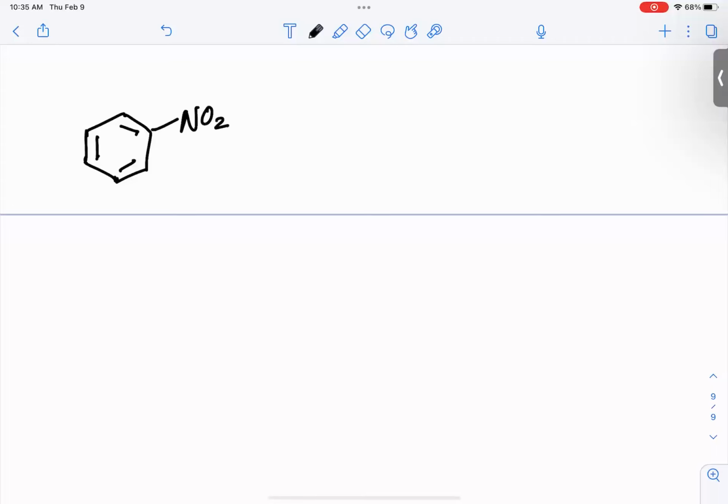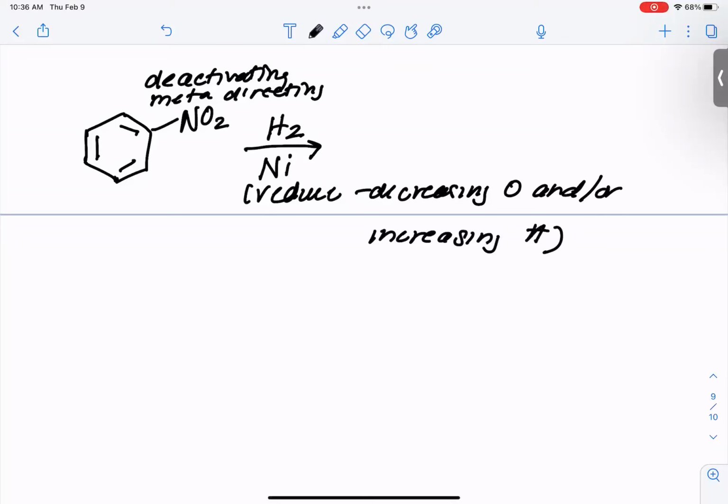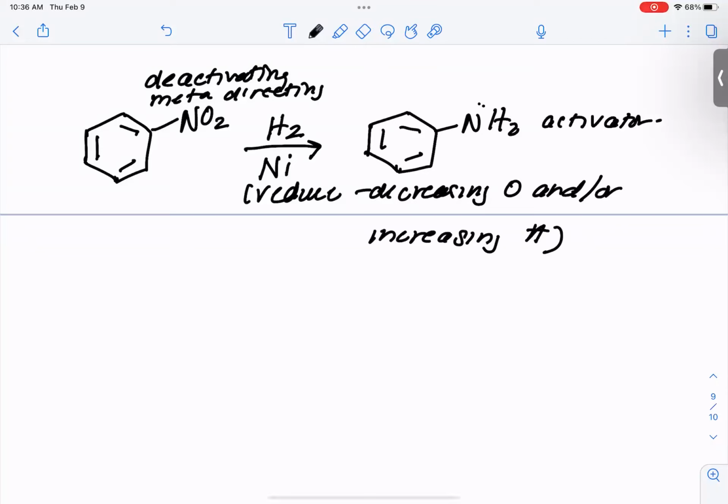If you have a nitro group, okay, which is deactivating and meta directing, if we take that nitro group and reduce it, because remember, a reduction is decreasing the oxygen content and/or increasing hydrogen, to an NH2 group, we have now put an activator on the ring and an ortho para director.